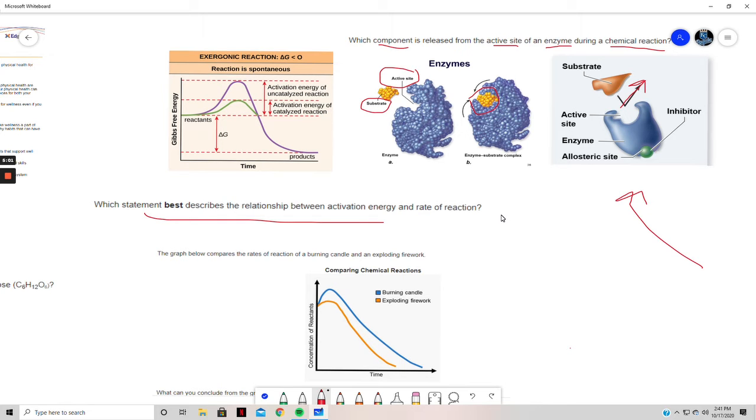Again, we want to provide information as a way to help analyze and understand. So we're looking at the relationship between activation energy and the rate of reaction, and this will also pair nicely with the next question that we will be looking at.